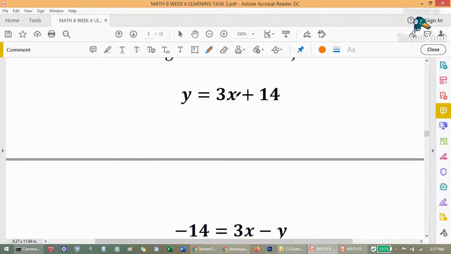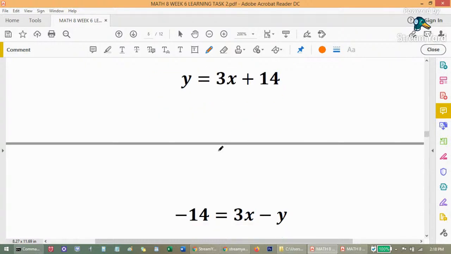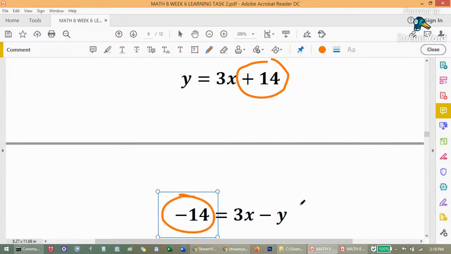And then, itong 3x natin, titignan natin yung x. Kapag positive ang x, wag na natin galawin. So, itong y na lang ang ilipat natin sa kabila. So, yung positive y, pag tinranspose natin dito, magiging negative y. And itong positive 14, pag tinranspose natin sa kabila, magiging negative 14.